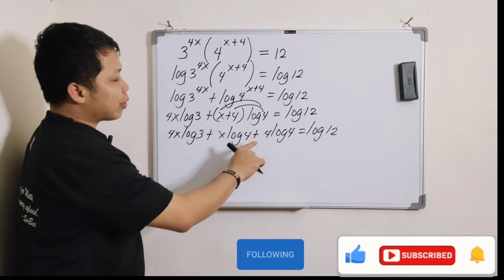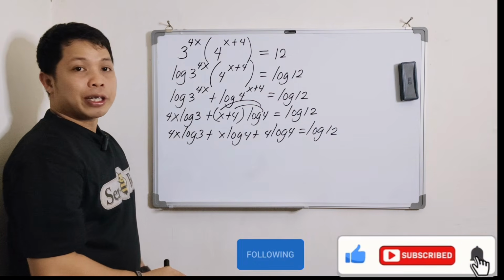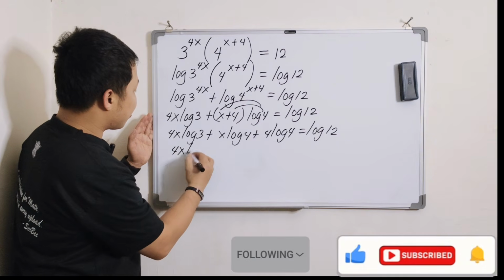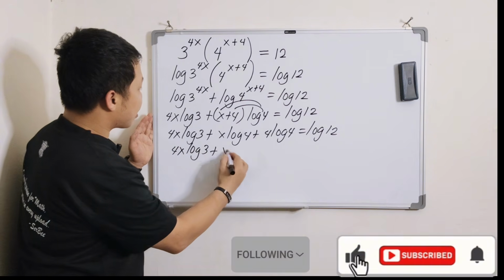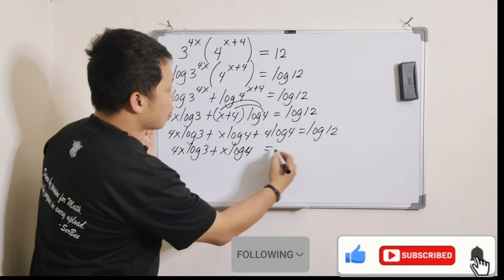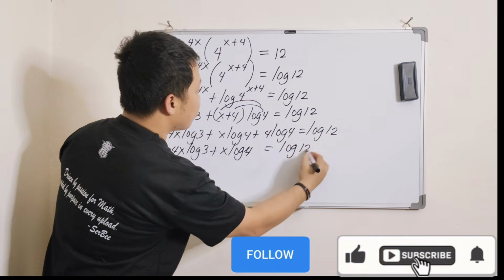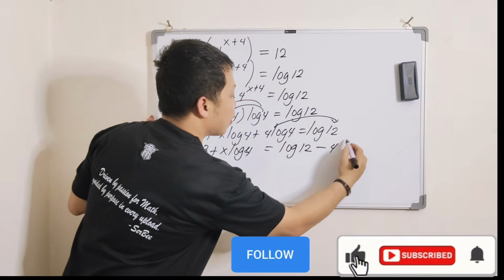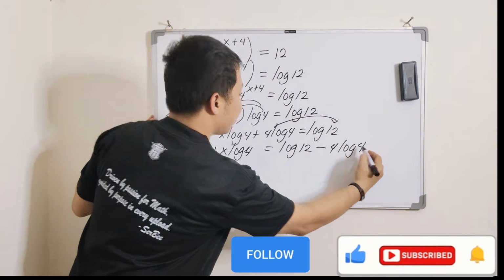Now, we need to isolate the logarithm with the variable x. 4x logarithm of 3 plus x logarithm of 4 equals logarithm of 12 minus 4 logarithm of 4.